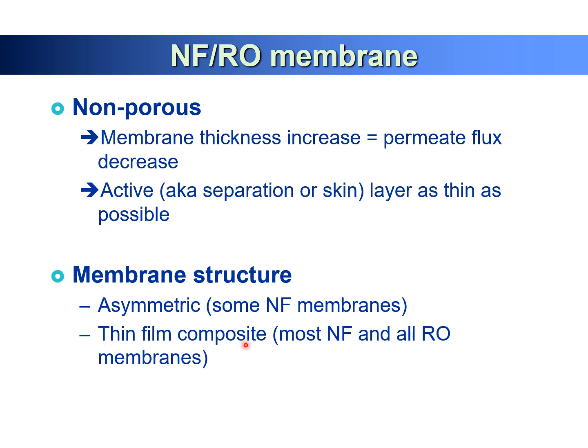Some nanofiltration membranes also have the same asymmetric structure. Symmetric is different, like microfiltration and ultrafiltration. However, RO and nanofiltration membranes consist of an asymmetric membrane. We just call it thin film composite membrane for nanofiltration and all reverse osmosis.